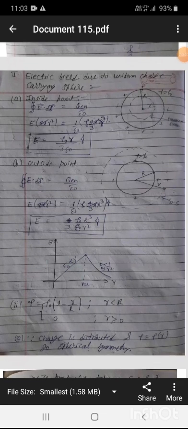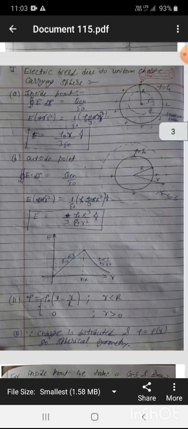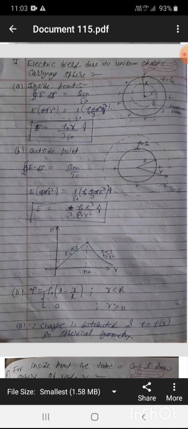Remember, electric field would point radially outward and it is directly proportional to r. Now, what should be the electric field at an outside point? So for this, consider a sphere of radius capital R and the charge density is rho equal to rho naught. So charge is distributed over the surface and rho equal to rho naught. So it has got spherical symmetry.